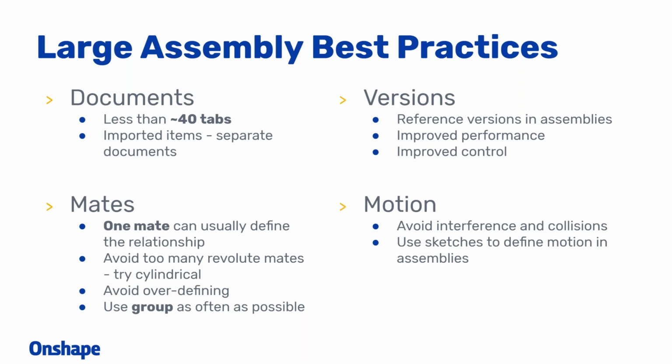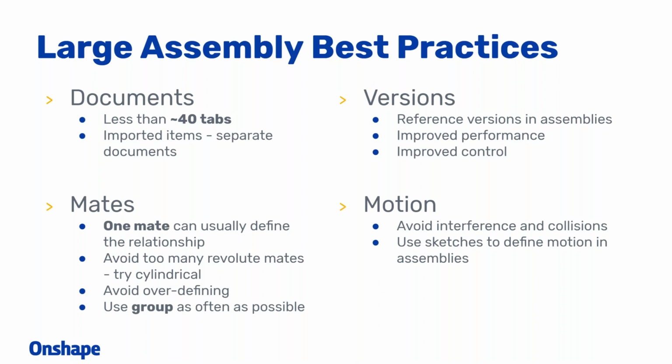So you want to take a step back and think about what's the least number of mates I can use to make these relationships between parts. In general, you might also want to avoid using lots and lots of revolute mates. Sometimes this is an easy way to over-constrain or over-define an assembly.